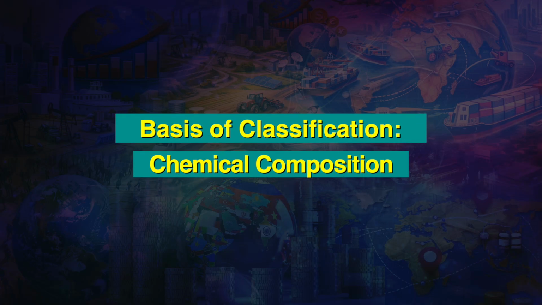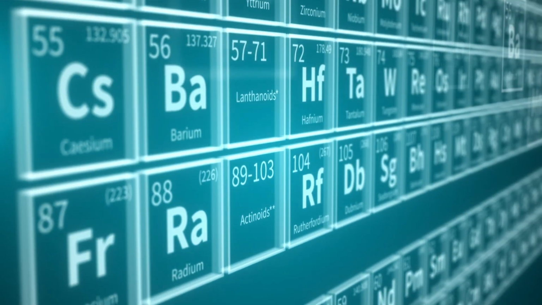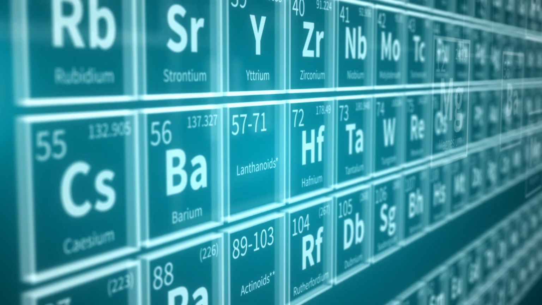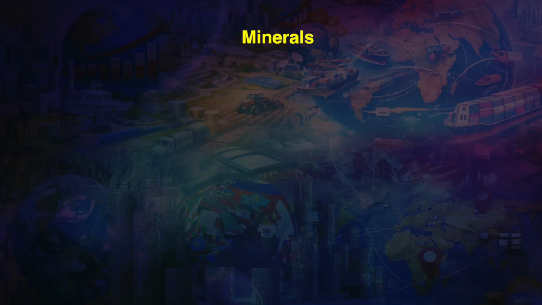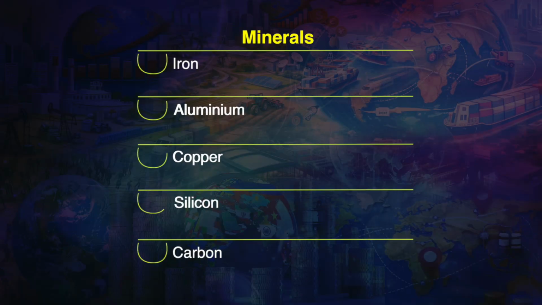Basis of classification: chemical composition. Chemical composition is the most important scientific and trustworthy basis in mineral classification because it indicates the chemical elements and the compounds of a mineral. Each mineral is classified according to its most abundant element, which can be iron, aluminium, copper, silicon, or even carbon.